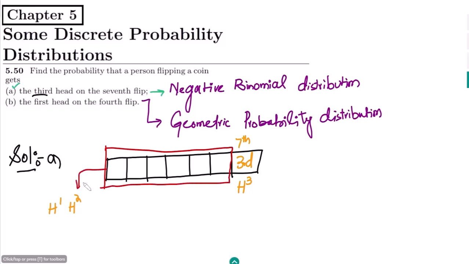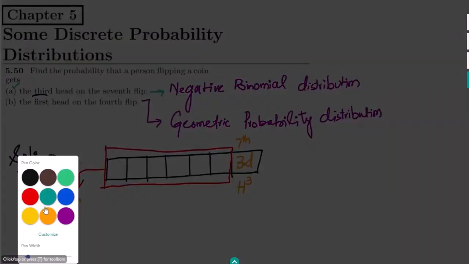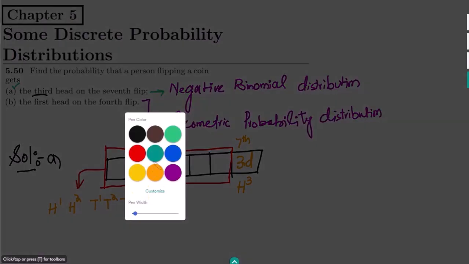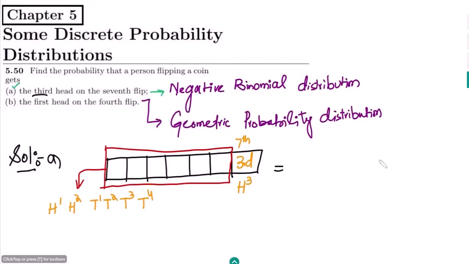In these 6 slots, we will have 2 heads and also T1, T2, T3 and T4 tails. So here, what would we get in order to get the 3 heads and 4 tails? The answer would be 0.5 raised to the power 3 for these 3 heads, because of H1 multiplied by H2 multiplied by H3.